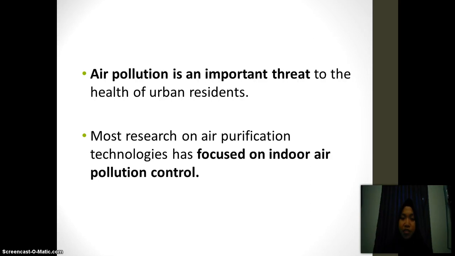That's why most researchers focus on indoor air pollution control. But this article also focuses on outdoor air, because outdoor air is also the source of indoor air.